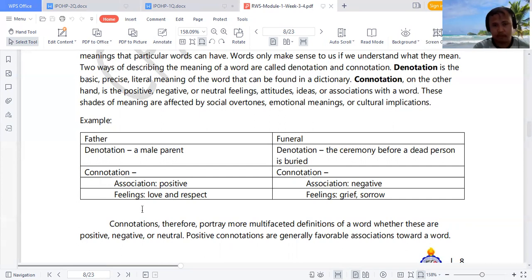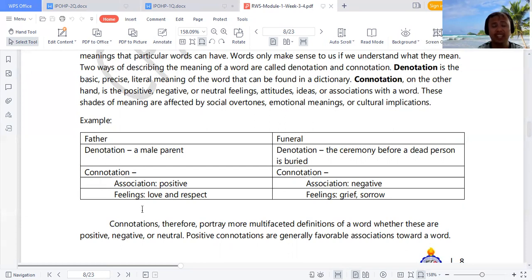When I say Angel, what's my connotation? She's beautiful, she's brilliant. That's connotation. When I say evil, when I say Lucifer, what's our basic connotation?